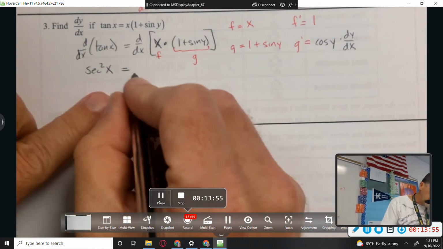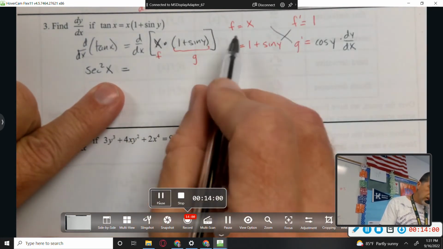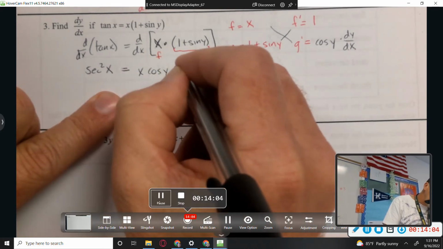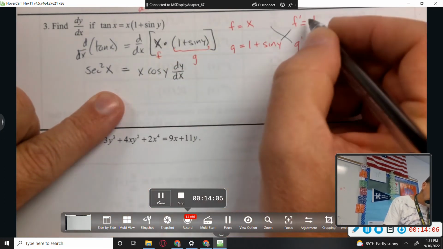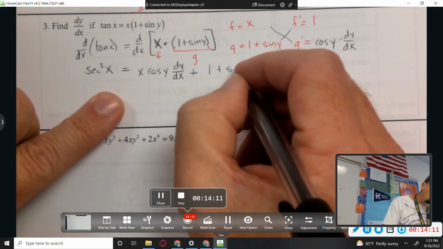So secant squared x equals fg prime. So x cosine y dy dx plus the other way, 1 plus sine of y.